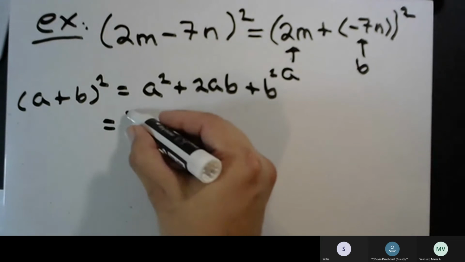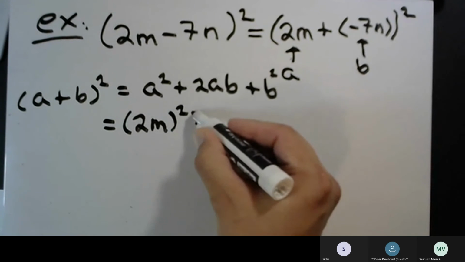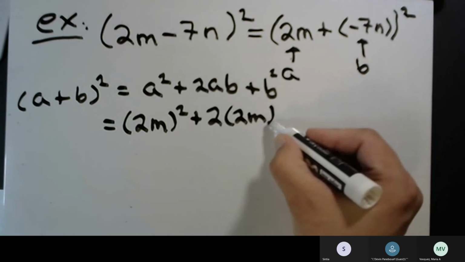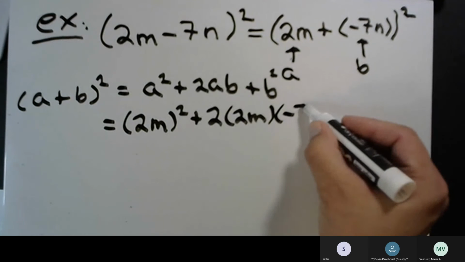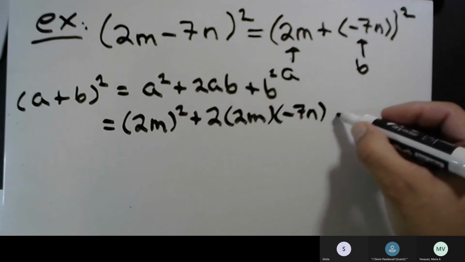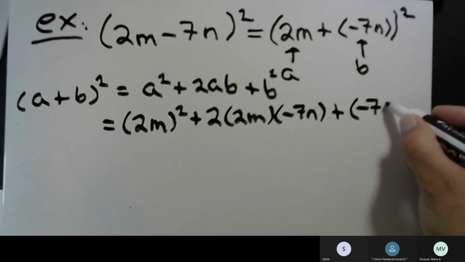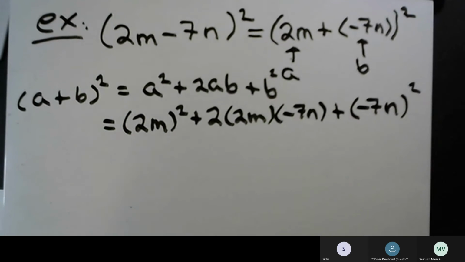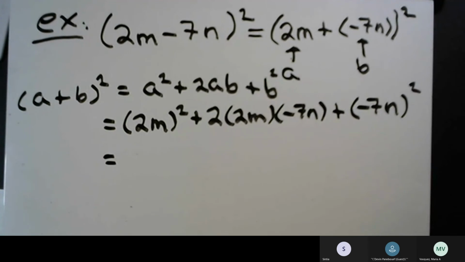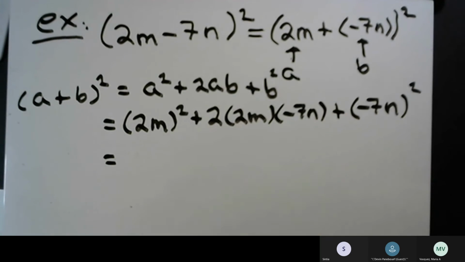So for a squared, we'll have 2m squared. And then 2 times 2m times b, which is negative 7n. That negative sign goes with the b now. Plus b squared, negative 7n squared. So what we'll do here is distribute the exponent as an exponent.